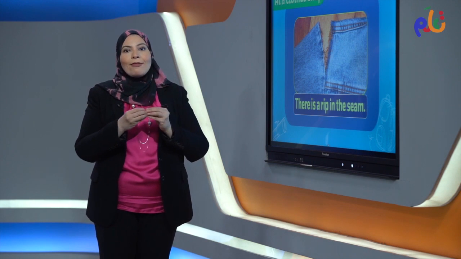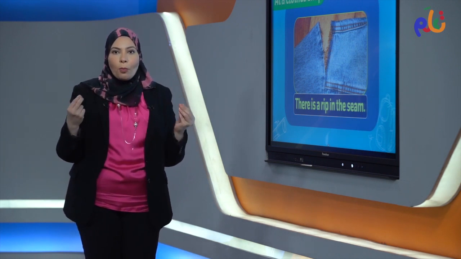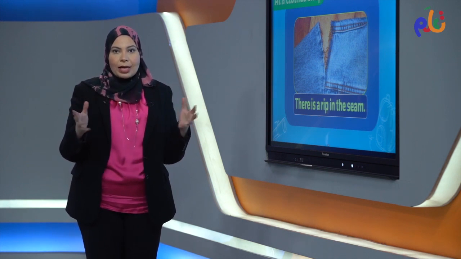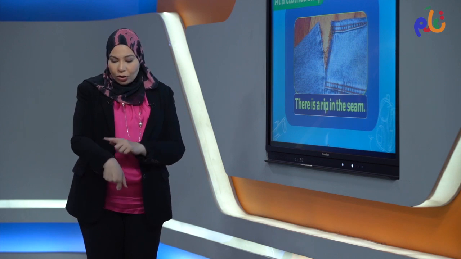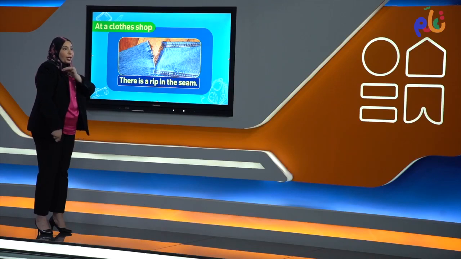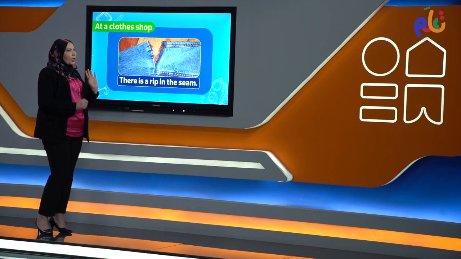So when we have a rip in the seam, this means that it's not properly joined, but the piece of cloth itself is okay. I don't have any cuts in the cloth. The cut is in the join, where they joined the two pieces together. So this is what we call it: there is a rip in the seam.